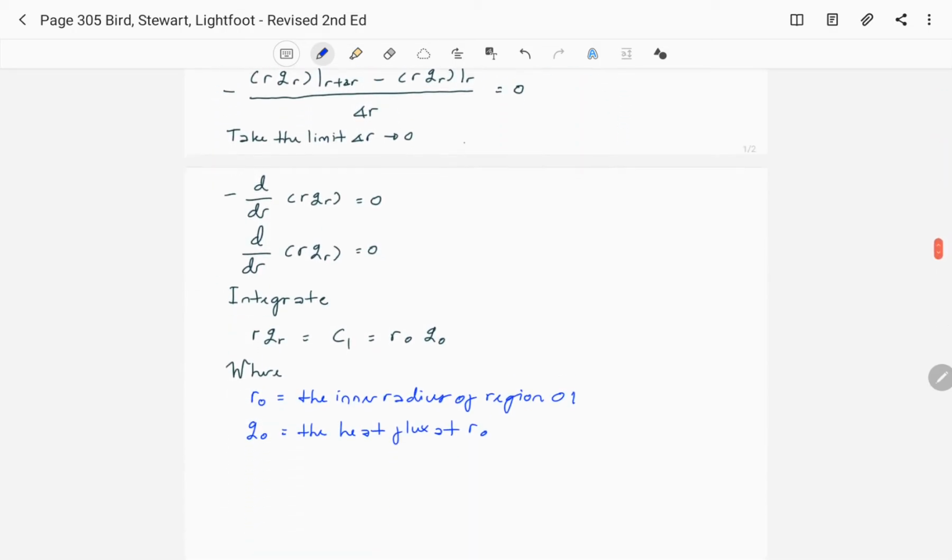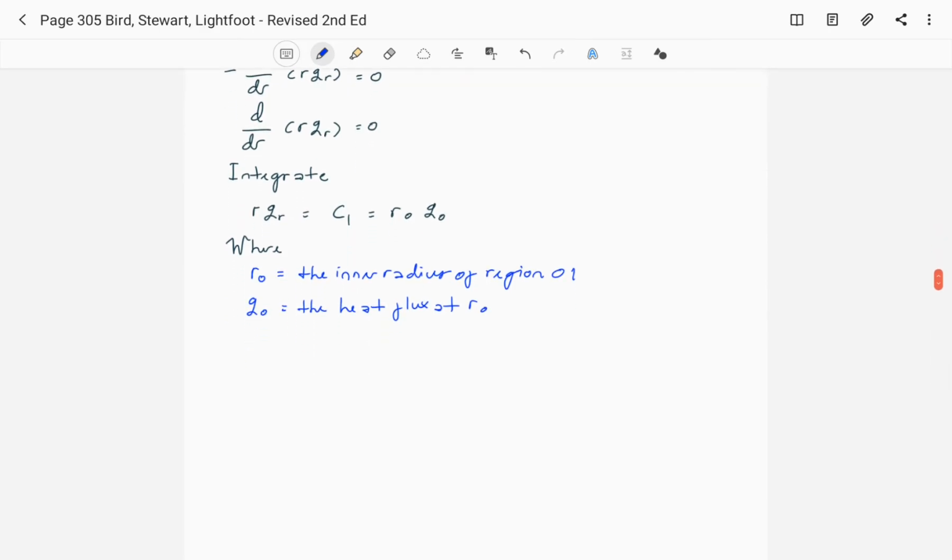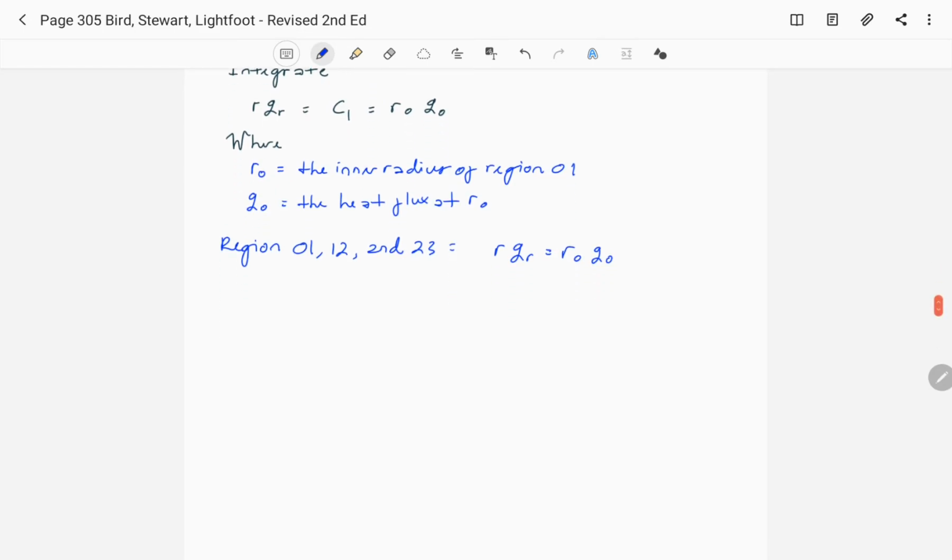Okay, this can then be applied to regions 1-2 and 2-3. Basically, for all the regions we have R q_r is equal to R0 Q0. And then what we can do is substitute Fourier's law.